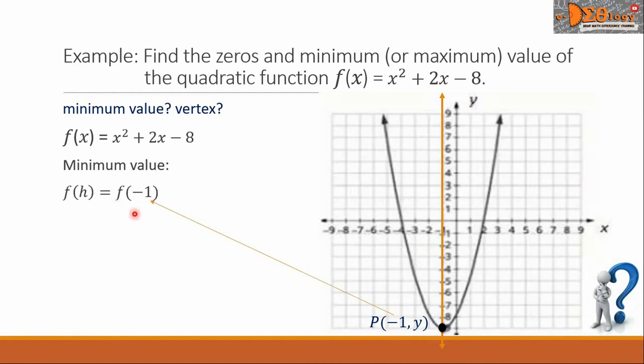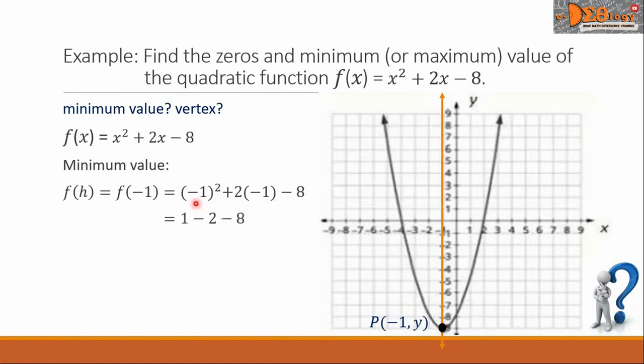It means we're going to evaluate our function using this value negative 1. So every time we see an x here, we will change it to negative 1. So the x squared becomes negative 1 squared, plus the 2x now becomes 2 times negative 1, and we simply copy the constant, negative 8.